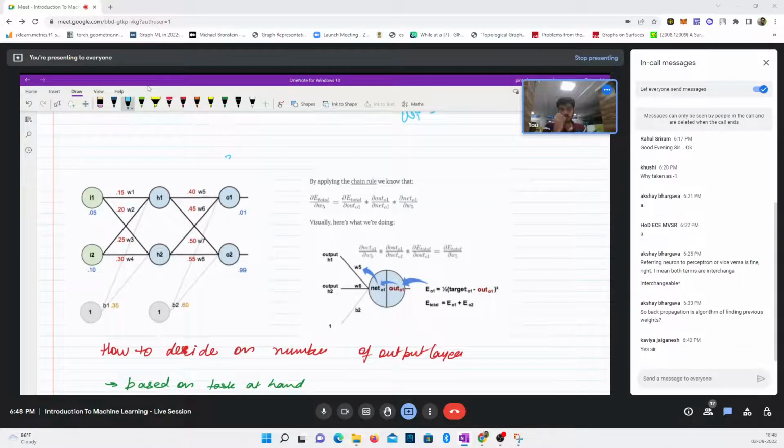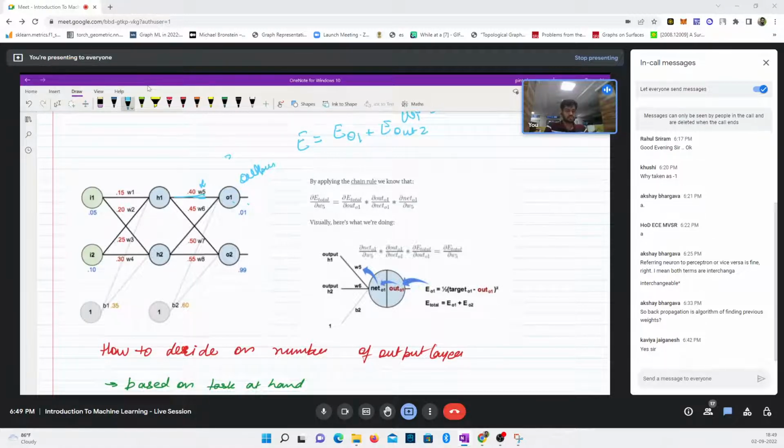So what he's trying to do is find how to update the weight W5. Over here we have two outputs, output 1 and output 2. The total error you would get is the error from output 1 plus the error from output 2.